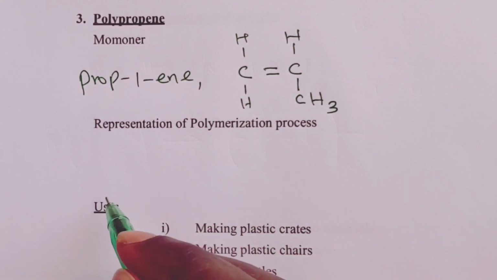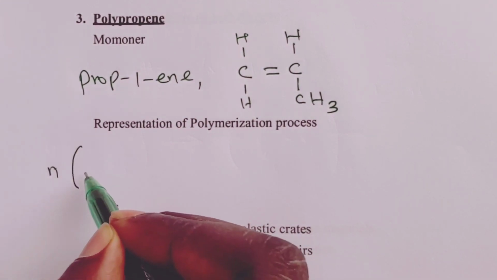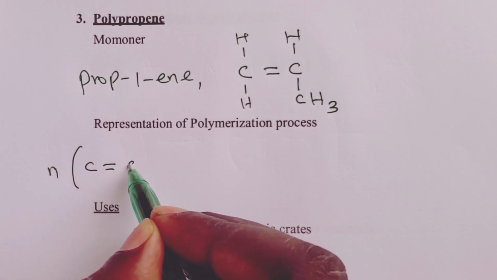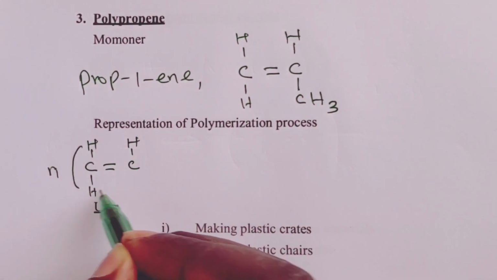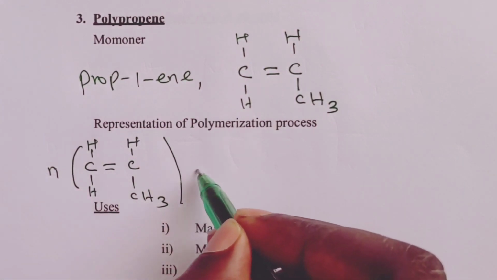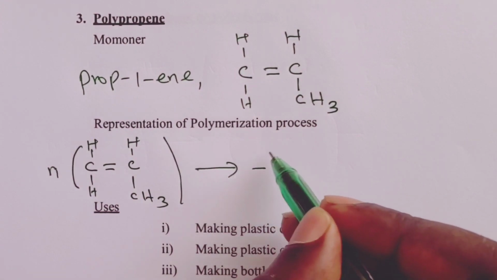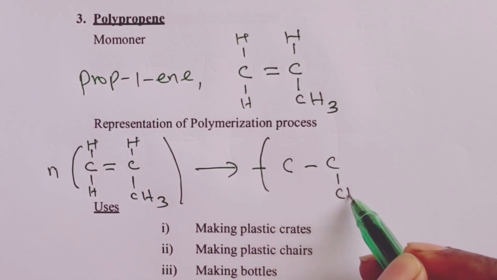When it comes to representation of the polymerization process, we need millions of our monomer molecules, and we end up having our polymer that will have this kind of an arrangement in the structure.